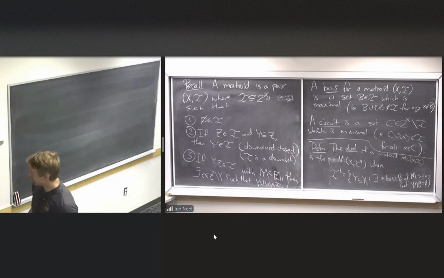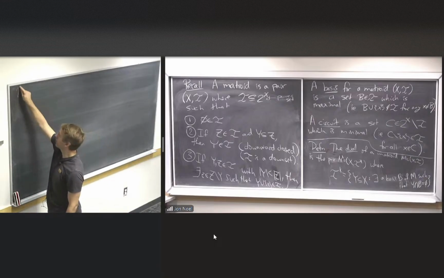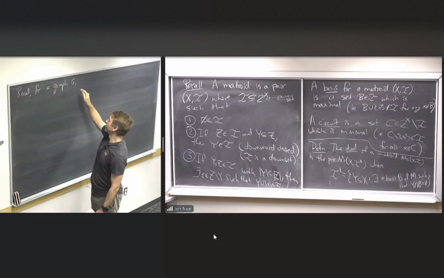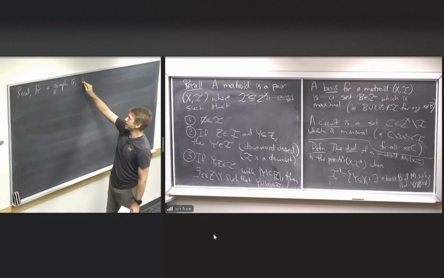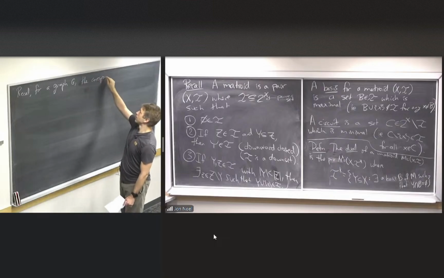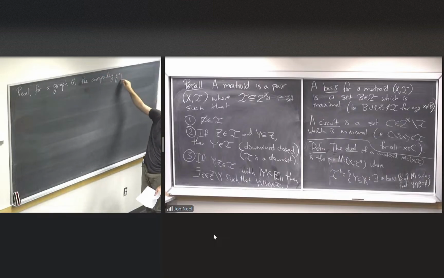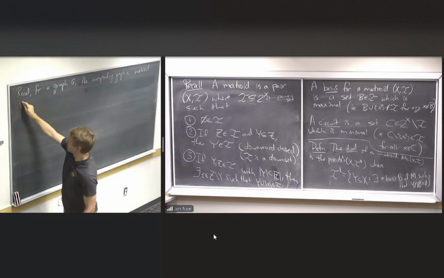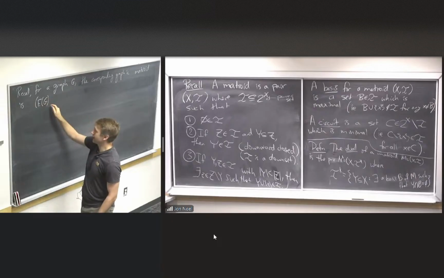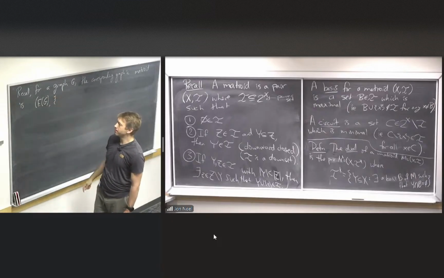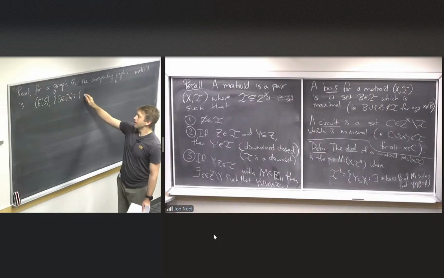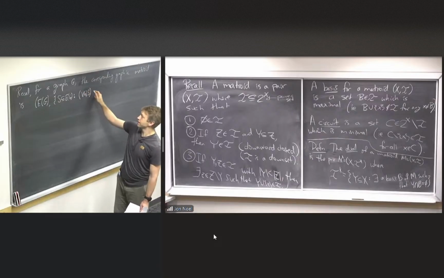Okay. Maybe let's think about this in the case of graphic matroids. So recall, for a graph G, the corresponding graphic matroid is the pair where the ground set is the edges of G, and the independent sets are the subsets S of the edges such that the graph (V, S) has no cycles.